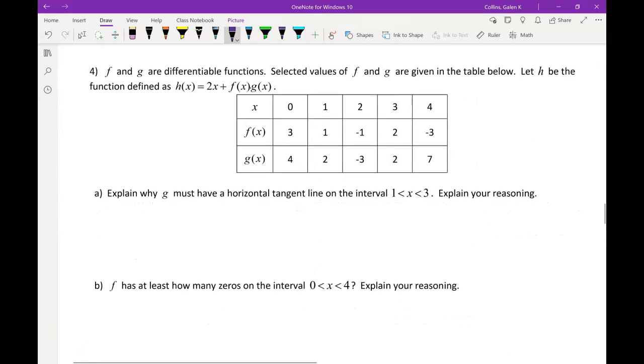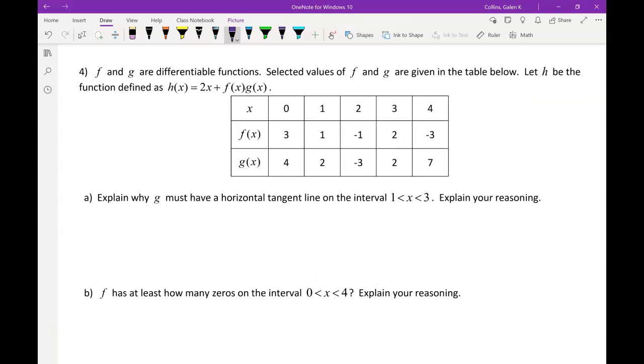All right, Question A: explain why g must have a horizontal tangent line on the open interval from 1 to 3, not including 1 and 3. And explain your reasoning.